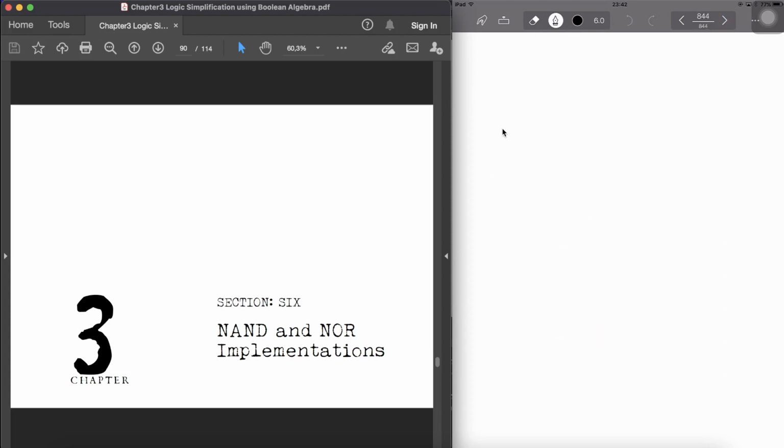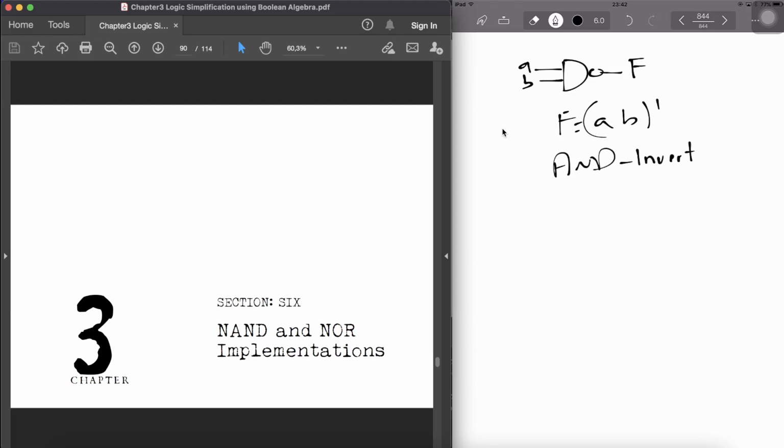So the NAND gate has got two symbols. A, B, and F, where F equals (AB)', which we call AND-invert, NAND, because we are doing an AND gate and then we are doing invert.